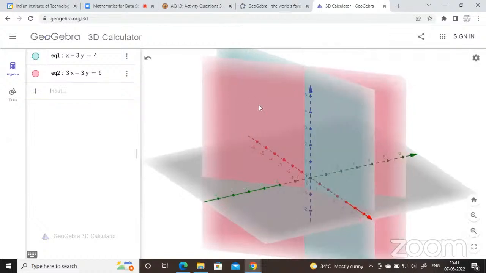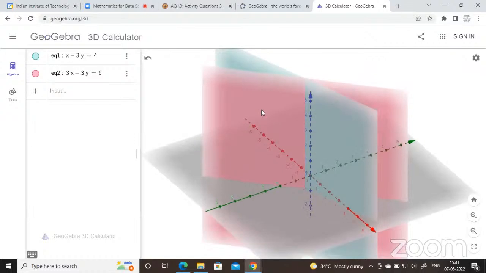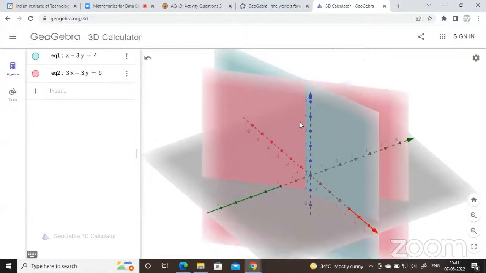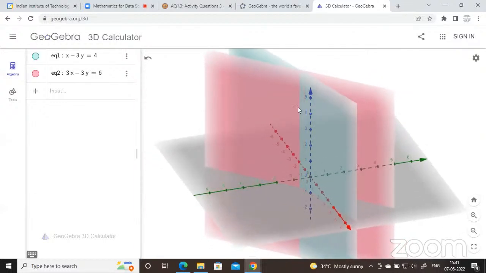So now can you see that they intersect at infinitely many points? This is one plane, the blue one. The pink one is another plane. They intersect along the line where the pink changes to blue. Yes, ma'am, you are considering it for a plane.